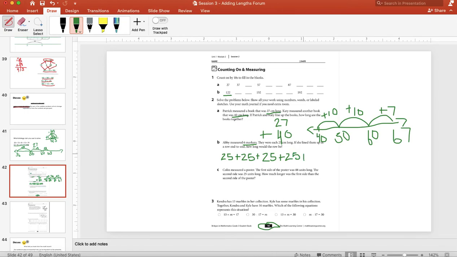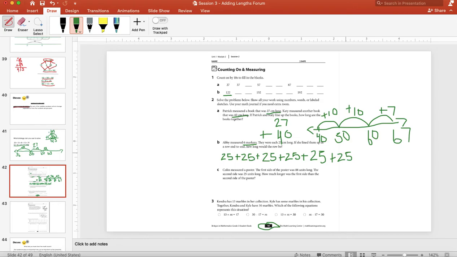Okay, I need 2 more 25s. And plus 25. So this is an equation that you definitely want to group your numbers together to get the answer. So make sure you're grouping those numbers together to get the answer.